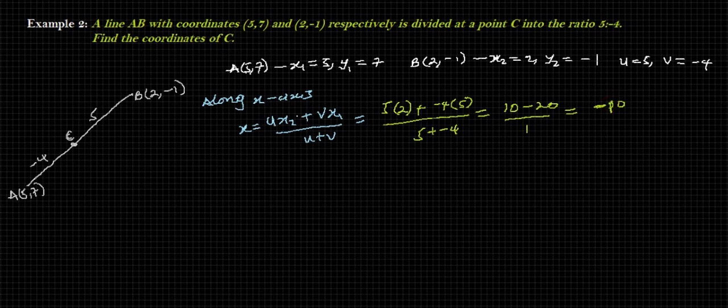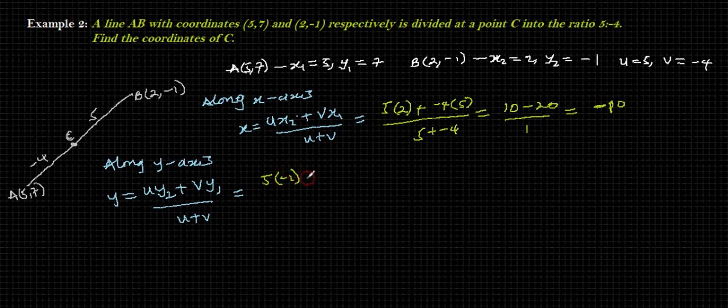So let's look at y now. Along the y-axis, we have y equal to (uy2 plus vy1) divided by (u plus v). So substituting this now, we have u to be 5 into y2, which is minus 1, plus minus 4, which is v, into y1, which is 7, and this is divided by 5 plus minus 4.